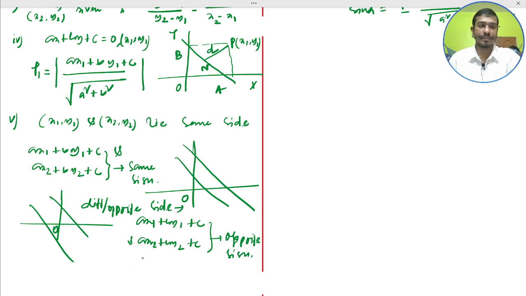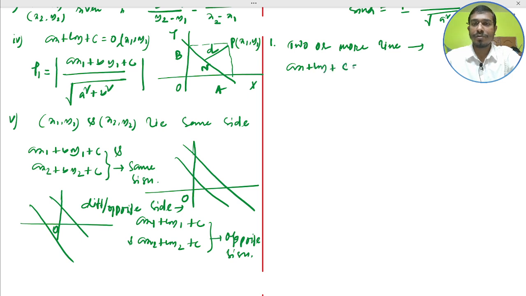Next, two or more lines given by the equations ax plus by plus c equal to 0 and a dash x plus b dash y plus c dash equal to 0.